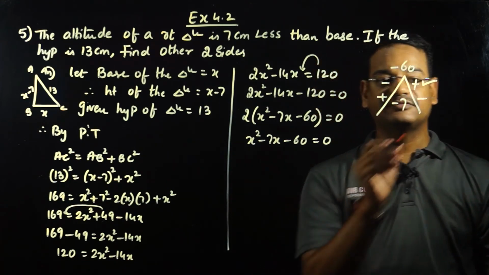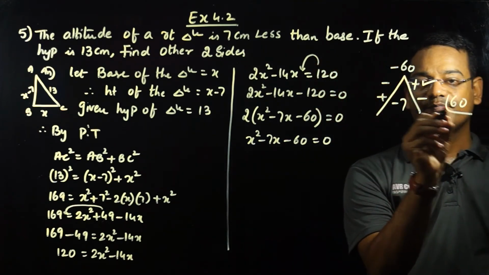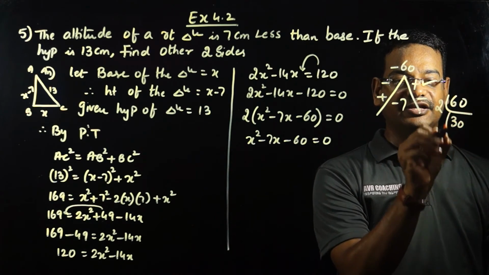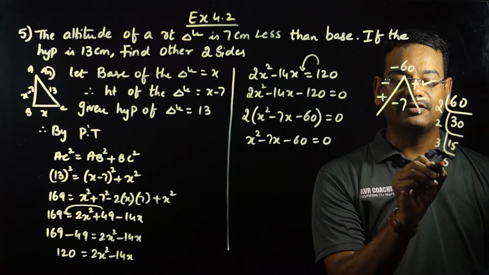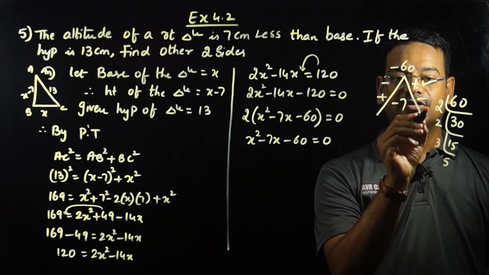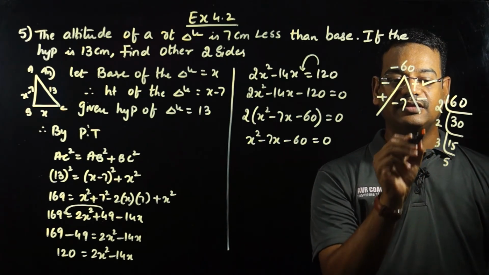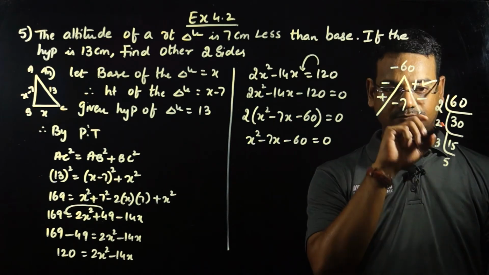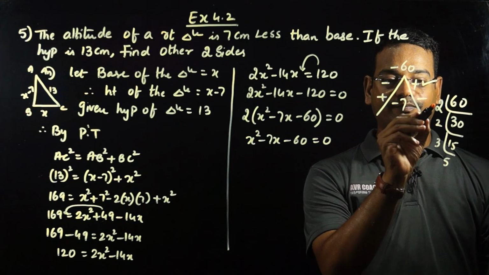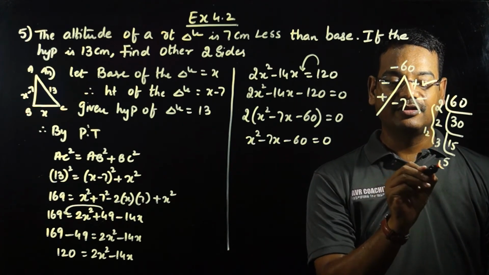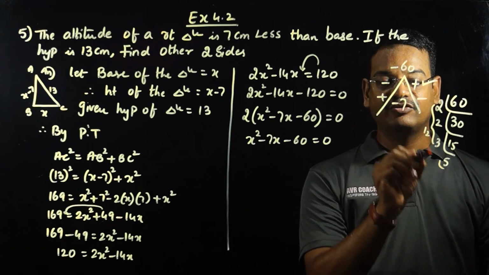We'll prime factorize 60: 2 into 30, 2 into 15, 3 into 5. So this is 6 and this is 10, so we will not get it. So 2 to the 4, 4 into 3 is 12. This is 12 and 5. 12 minus 5 is 7, 12 into 5 is 60.